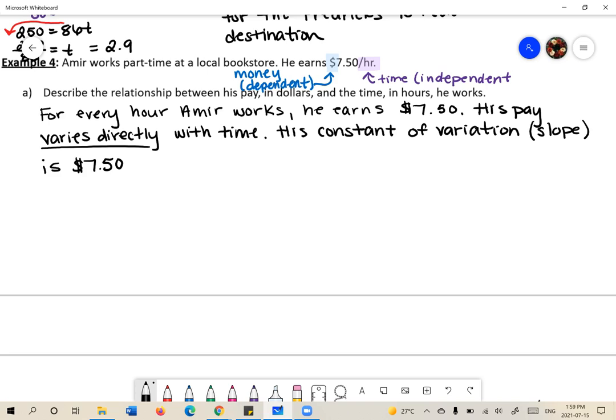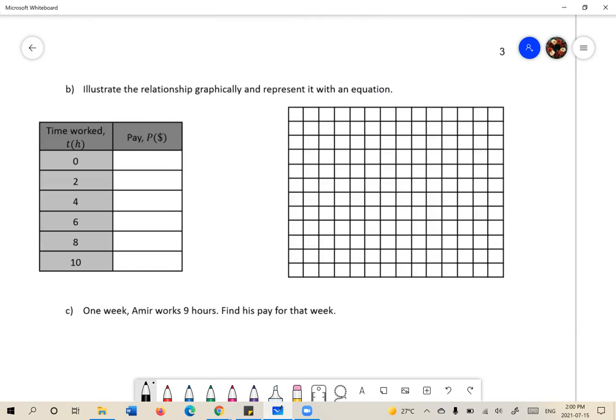If Amir doesn't work any hours, he's not getting any money. The more hours he works, the more money he earns. That is a direct variation in a word problem. His constant of variation, which we know means slope, is his earnings, $7.50.